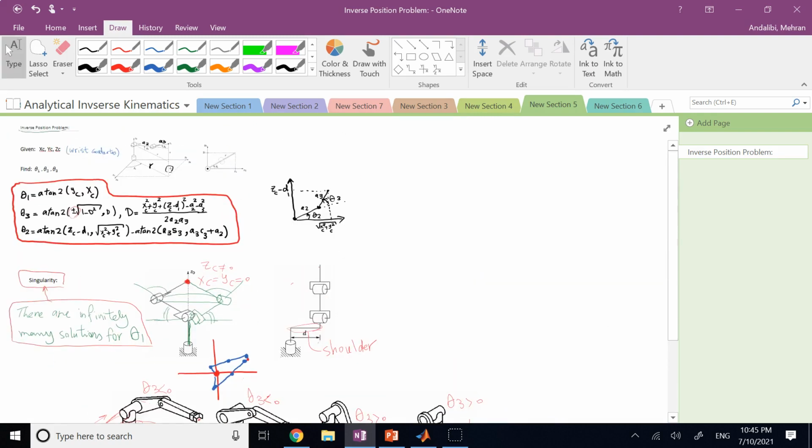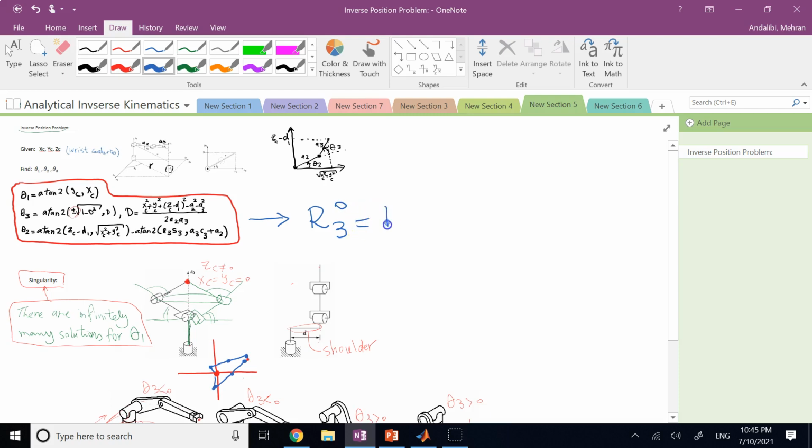Good. Now what about the inverse orientation problem? What do we do about that? Well, now that I got my first 3 angles, I can find the rotation matrix of frame 3 with respect to frame 0, correct?